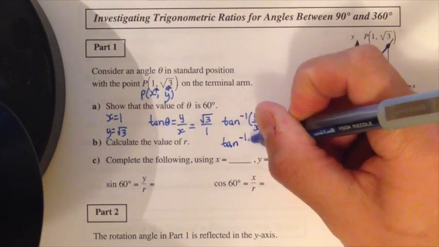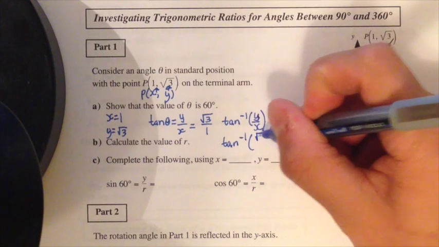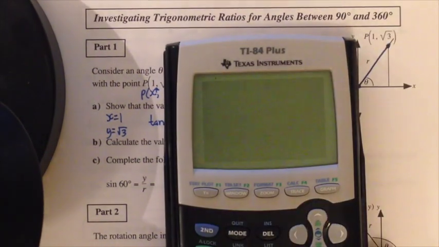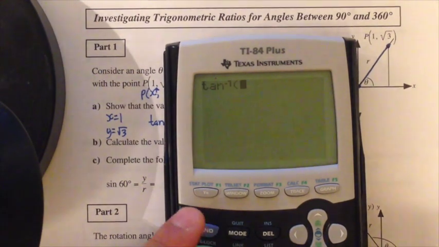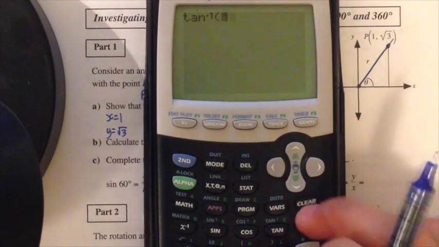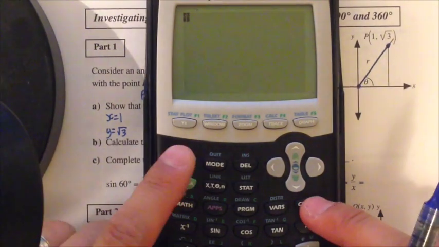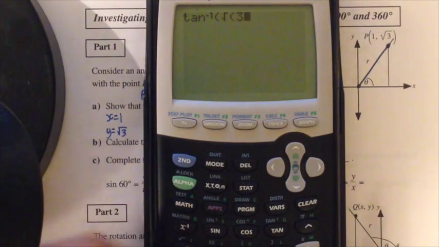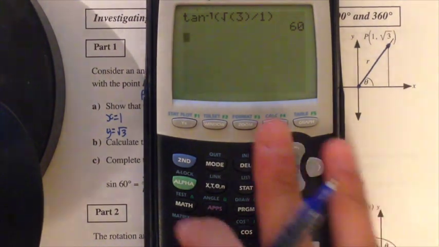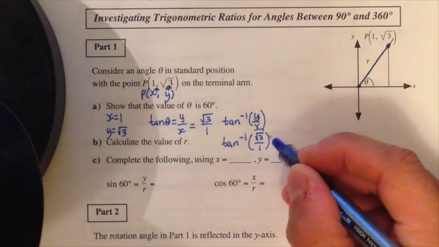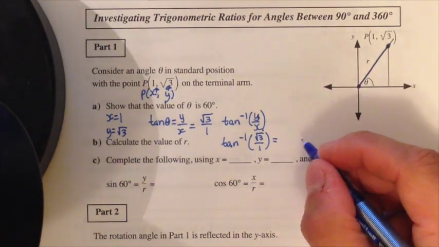So in our calculator, second function tangent, and I'll do that so you can see it. In my second function, and then tangent button, I'm going to go rad 3 divided by 1, and I will get an answer of 60. And so the first part of our question is done.